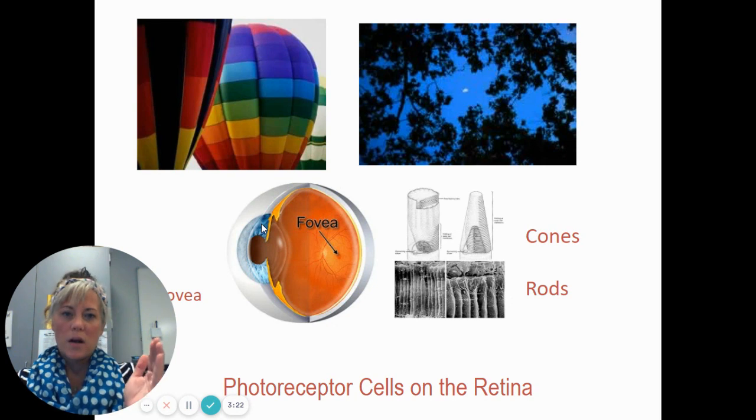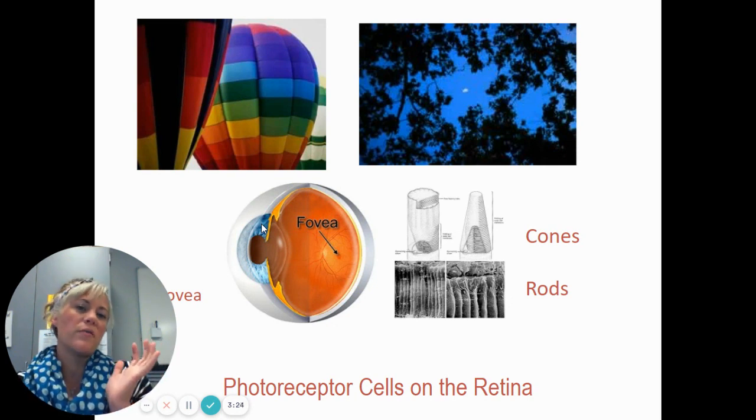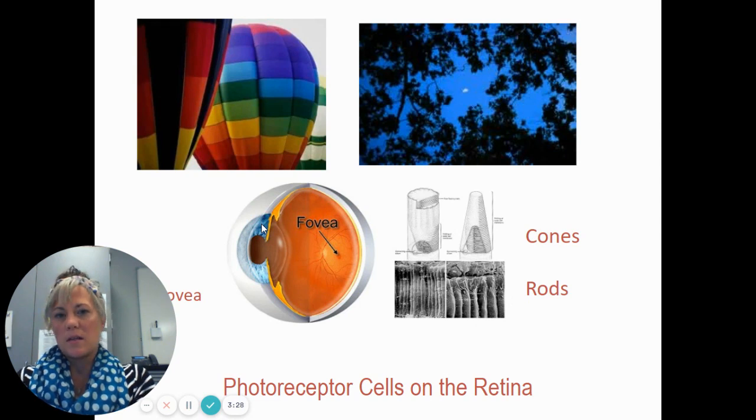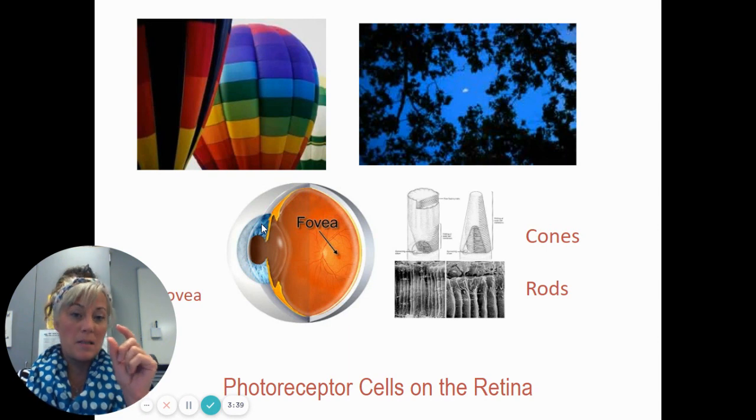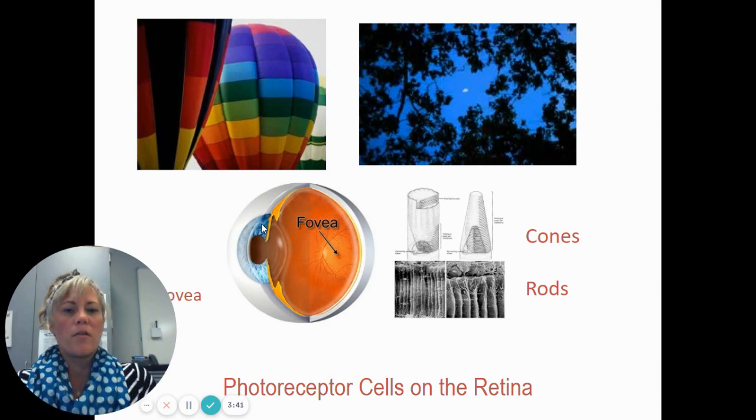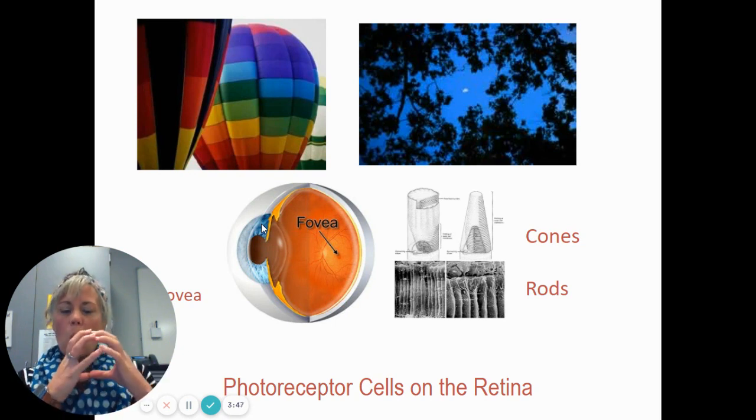So what we have is the retina that holds all of the cells, the photoreceptor cells, that can actually translate those messages. Those photoreceptor cells are called cones and rods. Right in the center, basically next to where the optic nerve and the retina meet, there's a cluster.